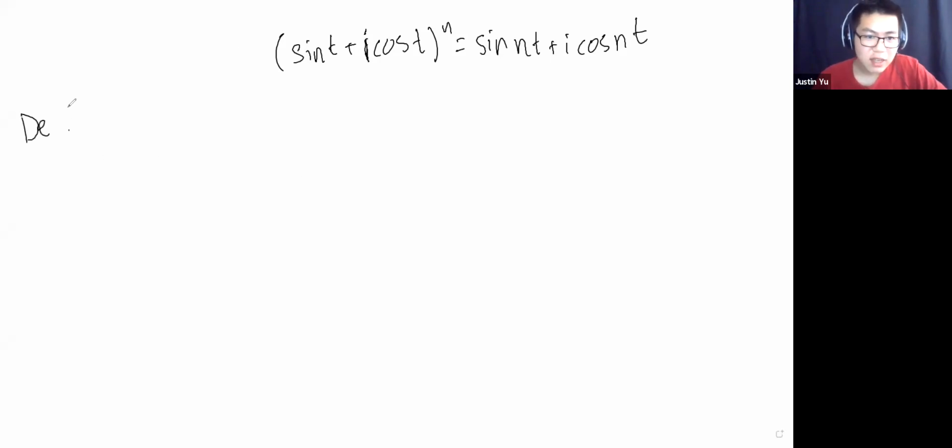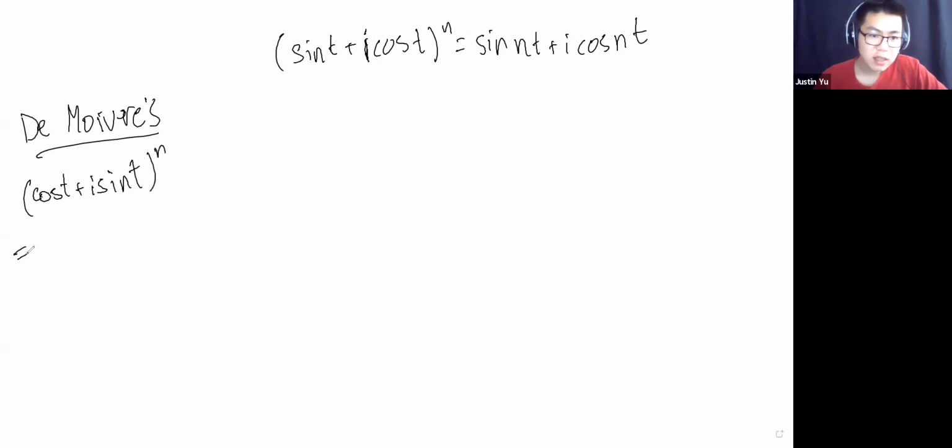That's right. What it actually says is cosine of t plus i sine t to the n is cosine nt plus i sine nt. So we got our sines and our cosines flipped, and we're going to have to deal with that.